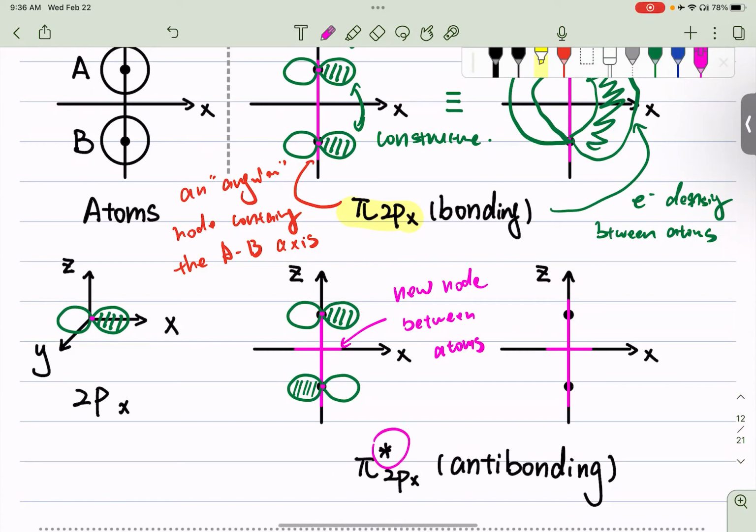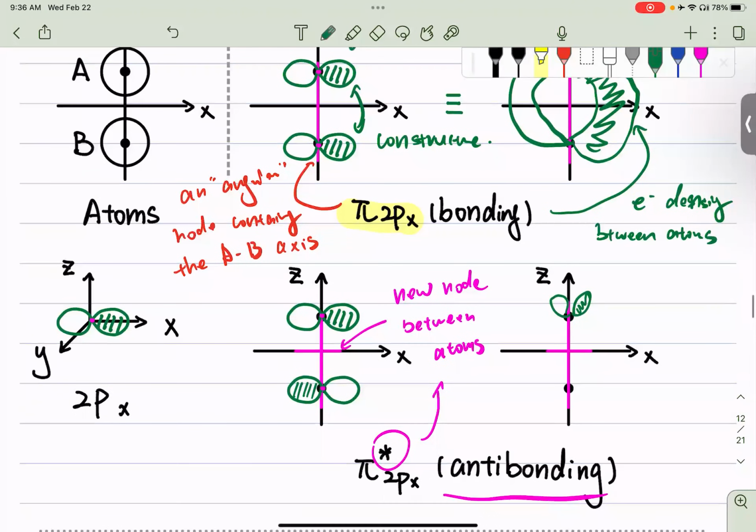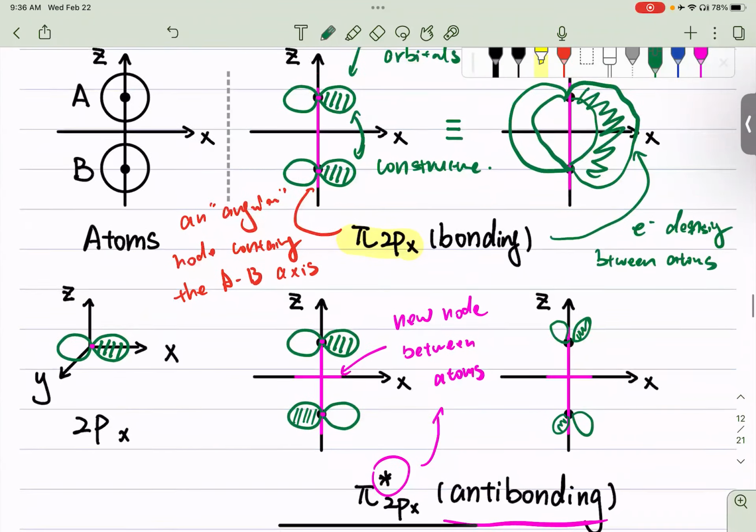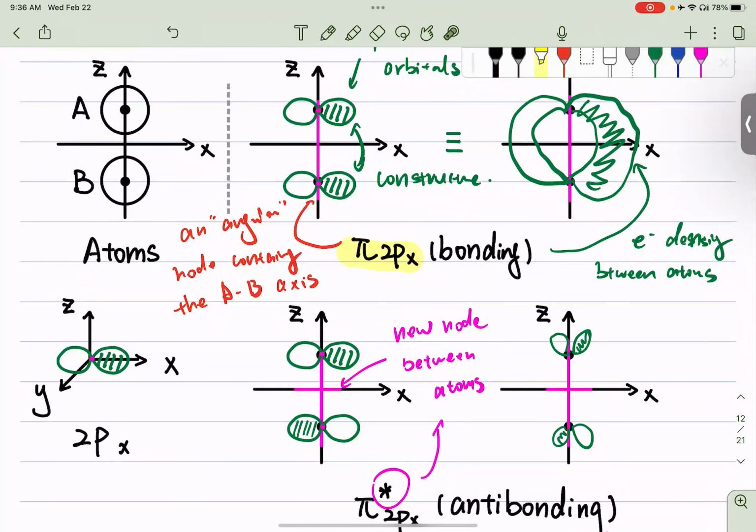And that's telling you we have an anti-bonding molecular orbital. This drawing is also equivalent to say, hey, here we have a smaller one, and whatever in the middle is being canceled out. So from the constructive interference of the two px atomic orbitals, we get the pi 2px in the bonding fashion, and also the pi star 2px in the anti-bonding fashion.